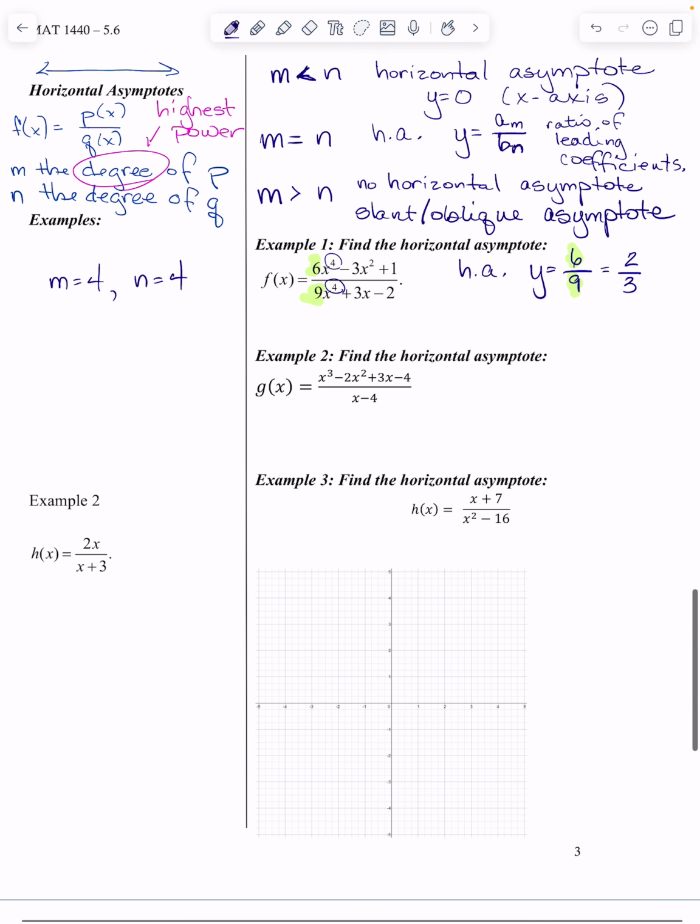Example 2, I have got a degree in the numerator of 3, a degree in the denominator of 1, x to the first. So we have no horizontal asymptote.